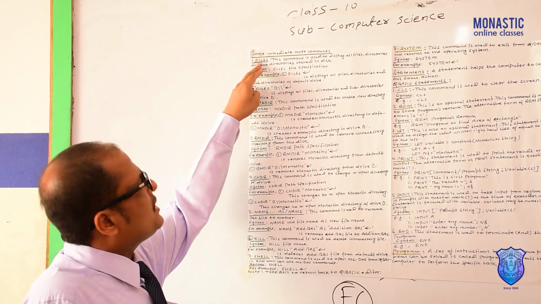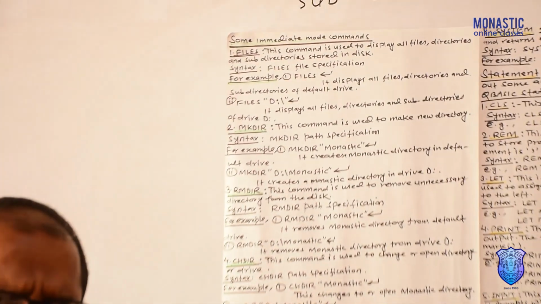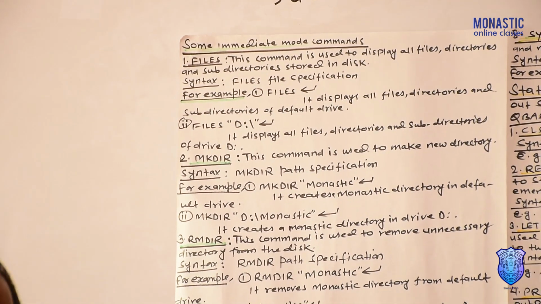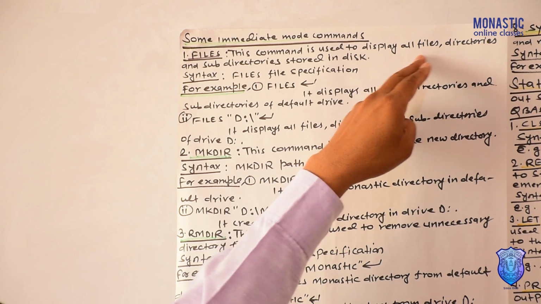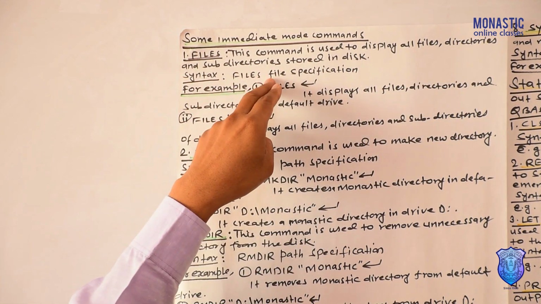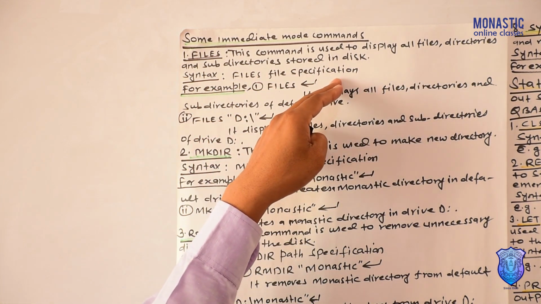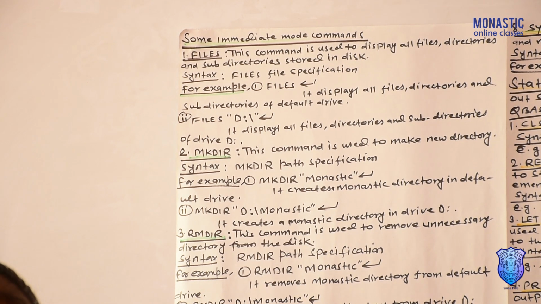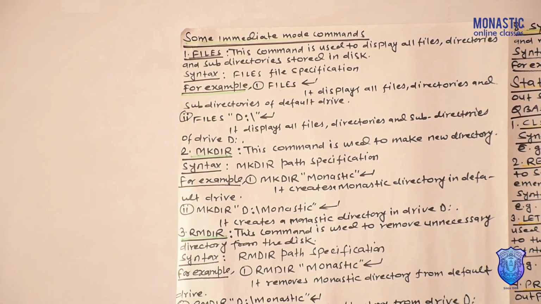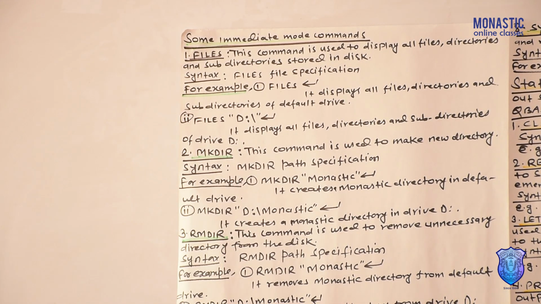The first one is FILES. This command is used to display all the files, directories and subdirectories stored in the disk. When you write FILES and press Enter, all the files, directories and subdirectories are displayed.